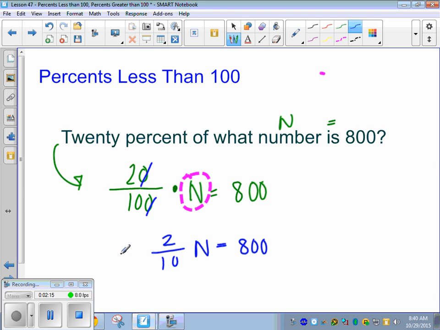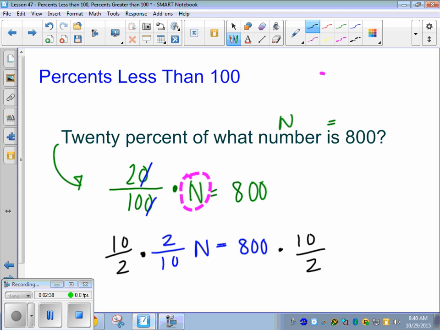I already did reduce it. So do what with the reciprocal? Multiply both sides by the reciprocal. Thanks, Dylan. Okay. We're going to multiply both sides by the reciprocal. Just giving you a hard time. I know you knew what you were talking about.